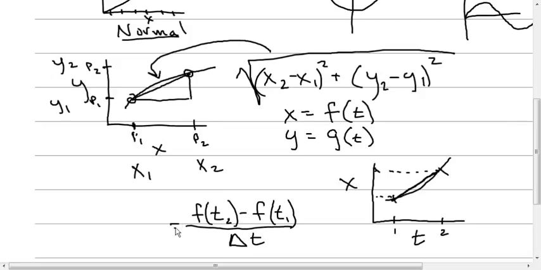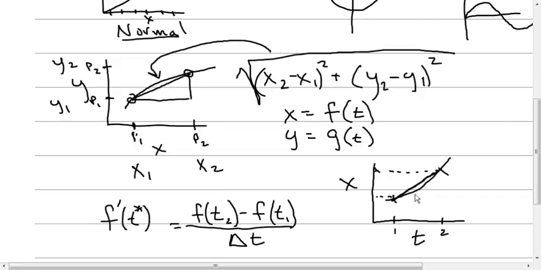And that's going to be equal to, now what can we think about that being equal to? Well, it's kind of the average slope. So we can imagine that as a limit, this is actually equal to a slope at some time in this interval. This is the mean value theorem here.